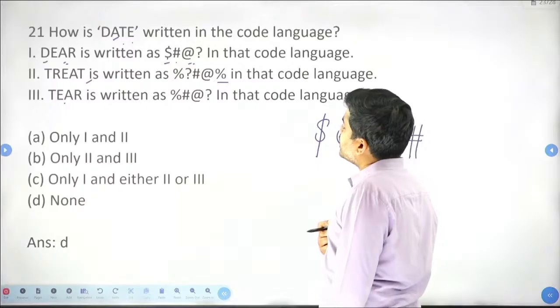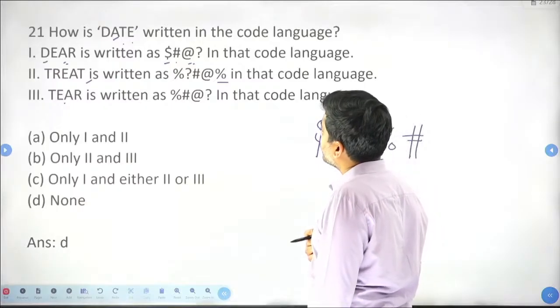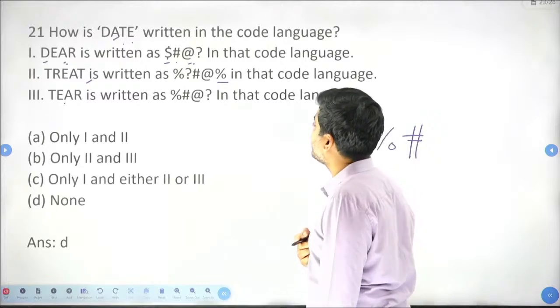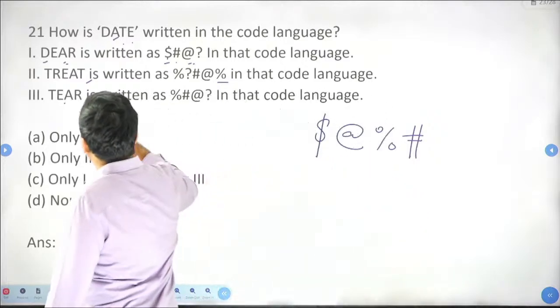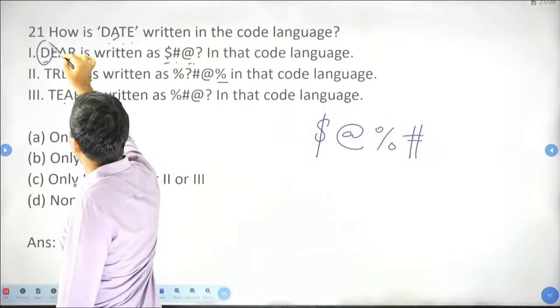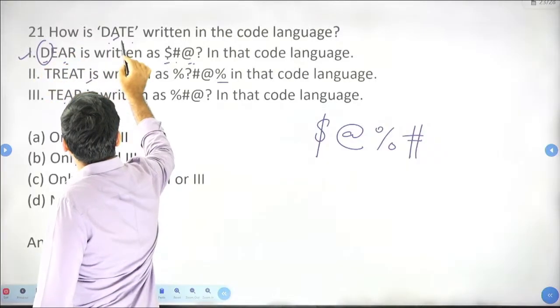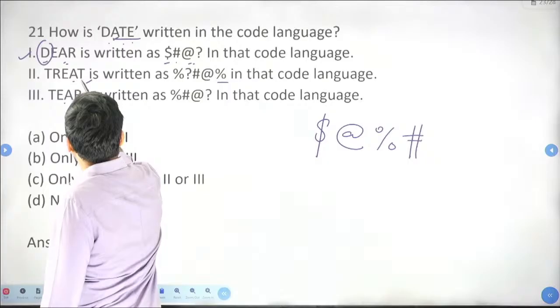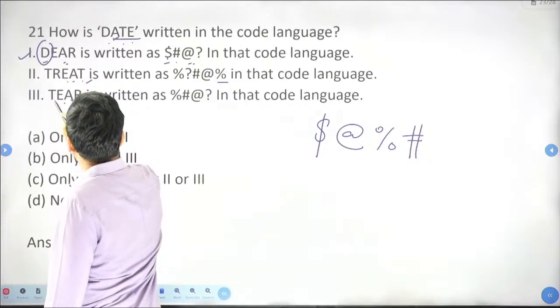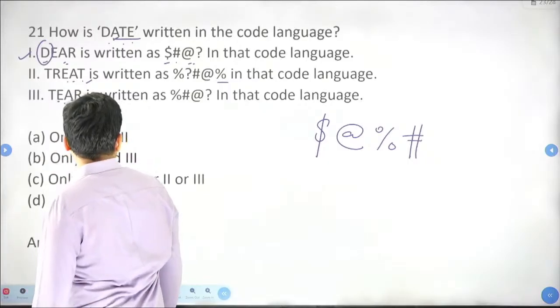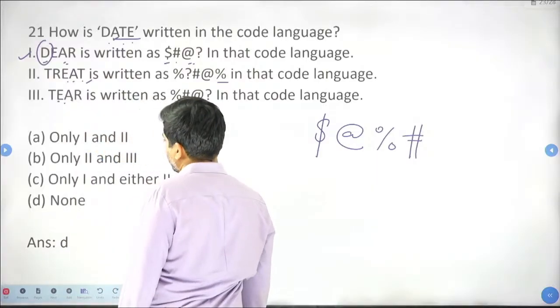So what is the answer then? To find data, this D is must from 1, but ATE, you can take from second or third.